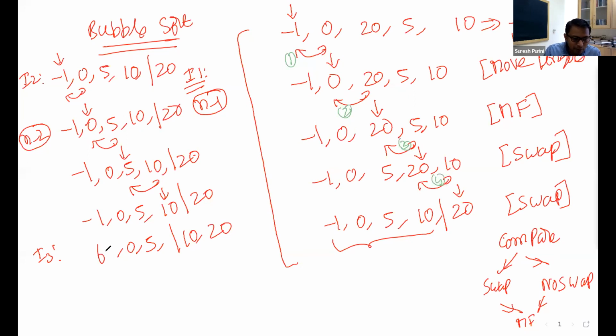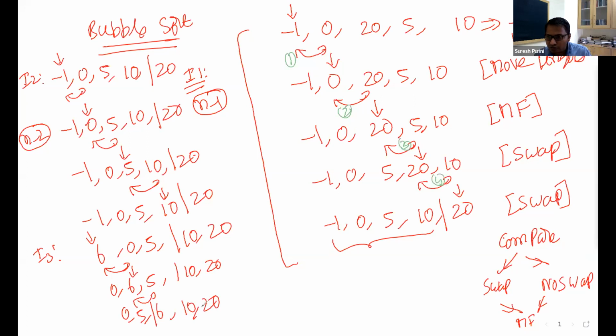Hypothetically speaking, if it is 6, then in iteration 3 you compare 6 with 0, and 0 will come here, and your finger will be on 6. You compare 6 and 5, again you do a swap, and you get 0, 5, 6, 10, 20. So at the end of iteration 5, the positions for the elements 6, 10, 20 are fixed.